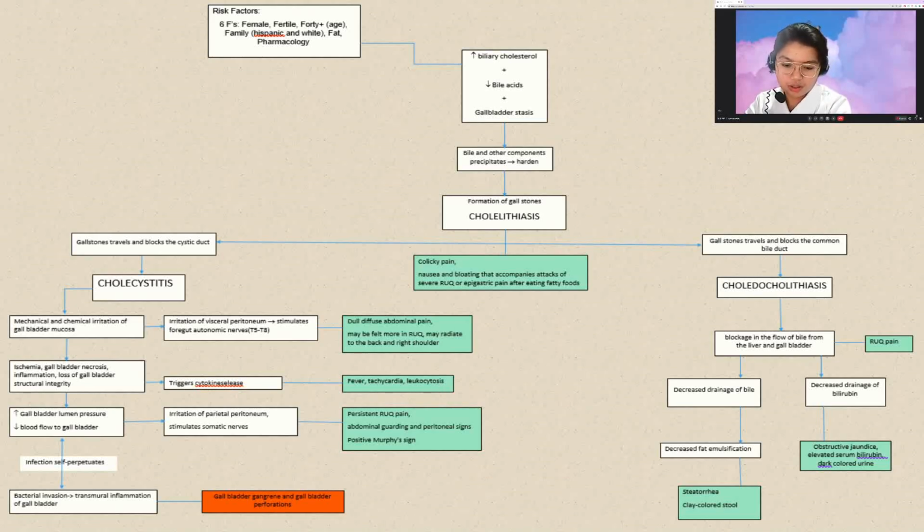The mucosa, the skin, even the sclera of the eyes may become yellow due to this decreased drainage of bilirubin. And this is called obstructive jaundice, and there may be elevated serum bilirubin and dark colored urine.